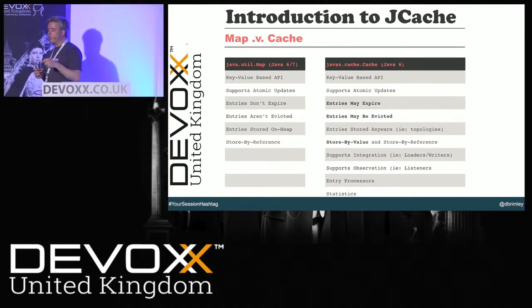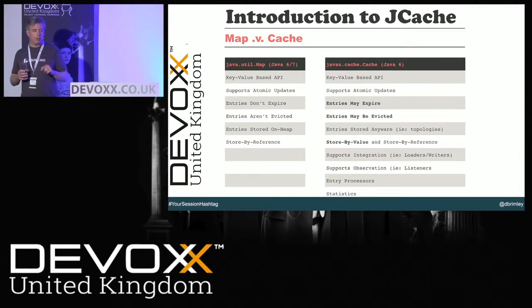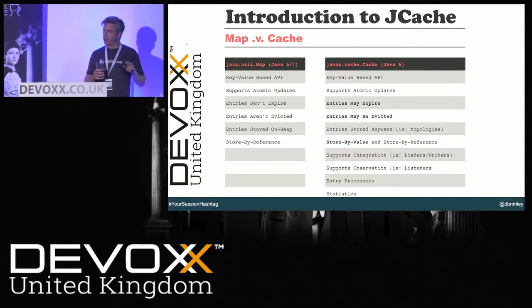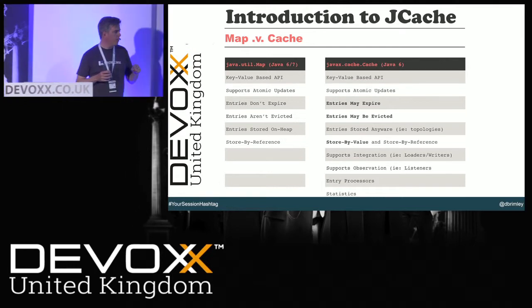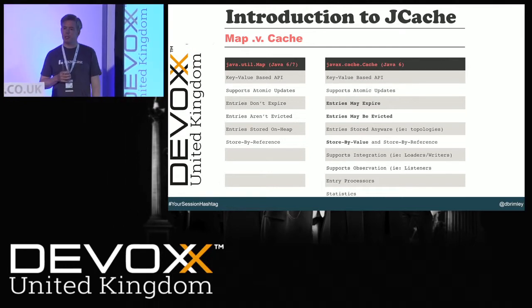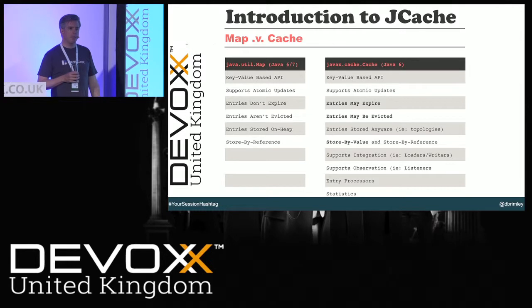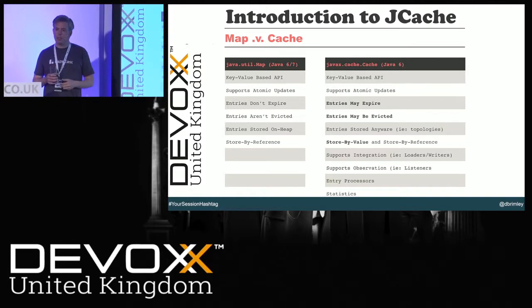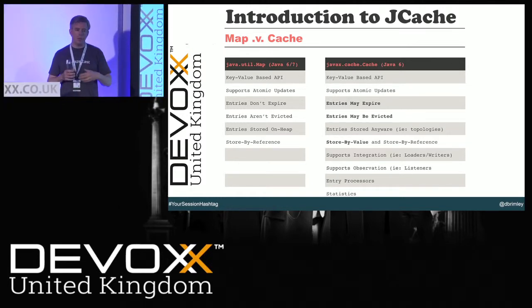If you look at the TCK, and we'll look at that briefly in a moment, the reference implementation, which by the way don't use in production, is a single process implementation. So JCache and JSR107 doesn't express the distributed system that lies beneath the cache. Okay.